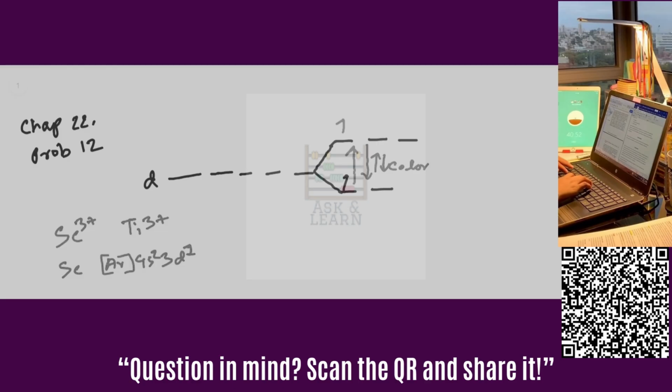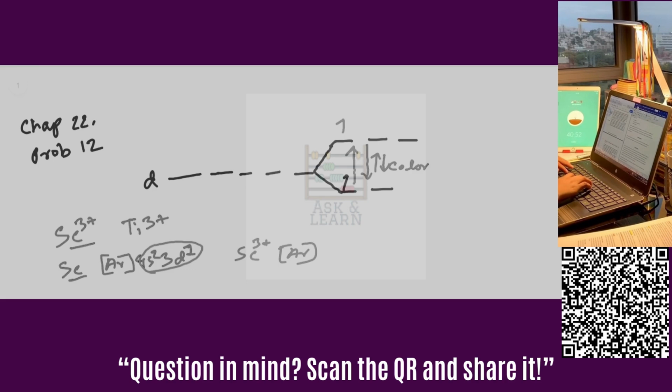So when we form Sc3+ from this Sc, we have to remove all these three electrons, and the electronic configuration for Sc3+ becomes only the electronic configuration of argon.